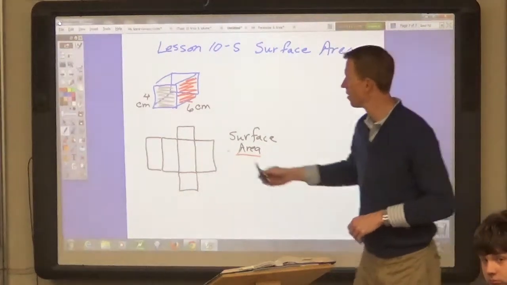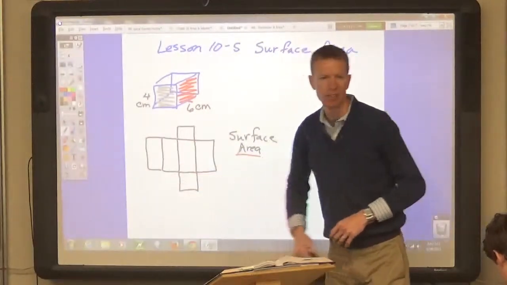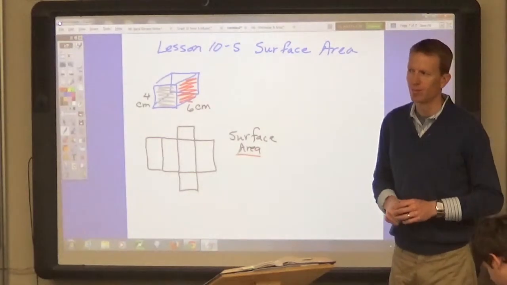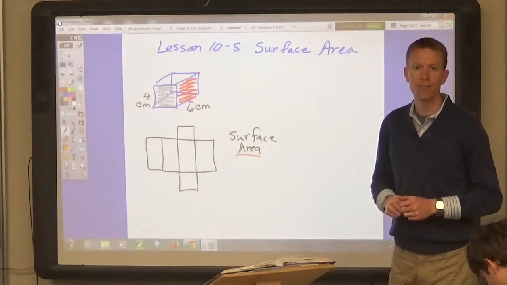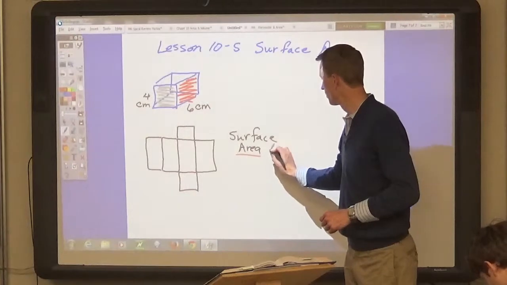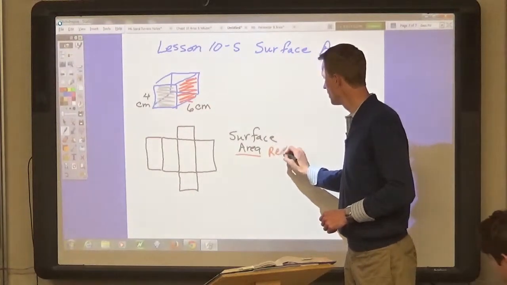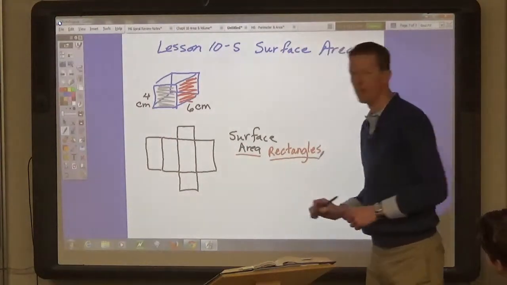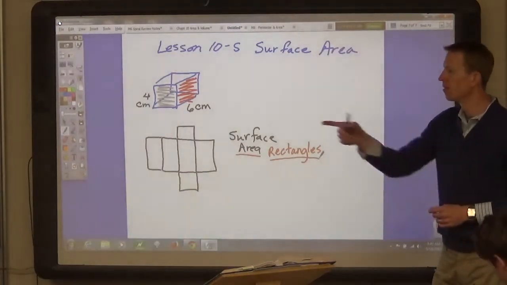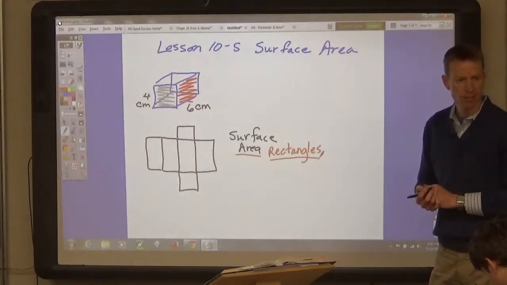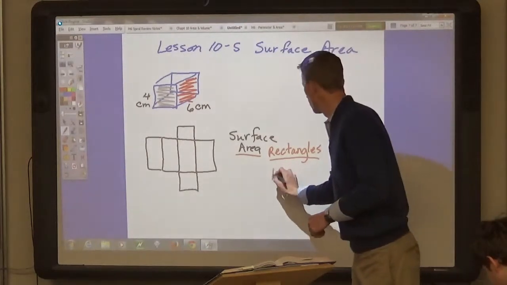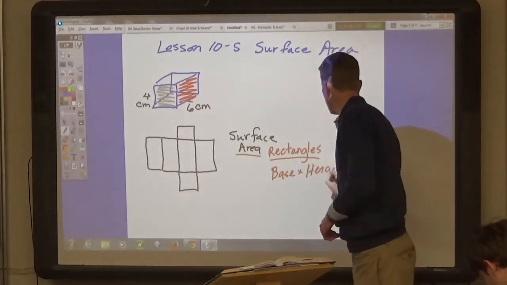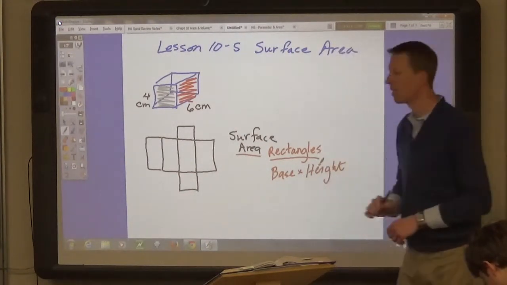These are all types of rectangles. Yeah. And how do you find the area of a rectangle? Just base times height, right? So we're going to use base times height for each one. Okay?